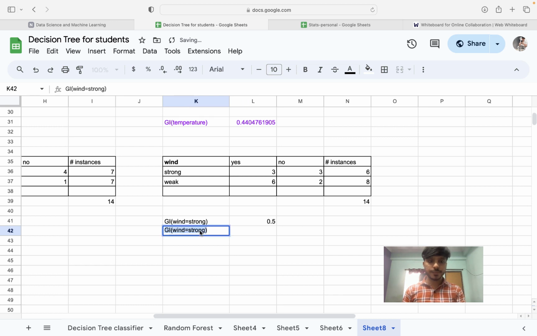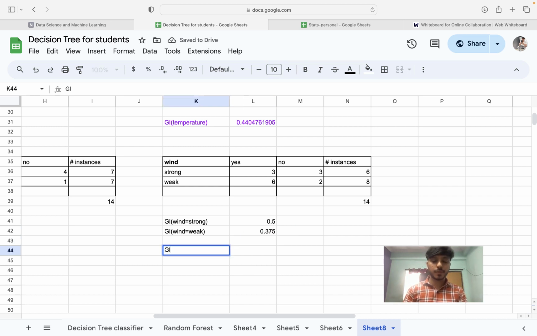Similarly for weak, so 1 minus the probability of 6 by 8 whole square minus the probability of 2 by 8 whole square, actually probability of yes and no. Okay, 0.375.